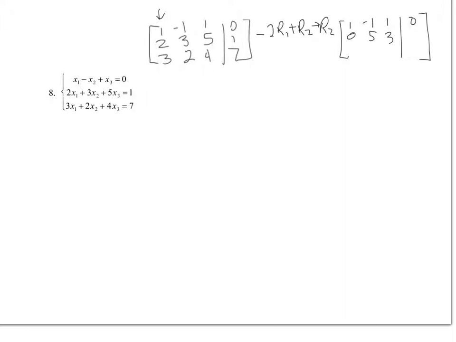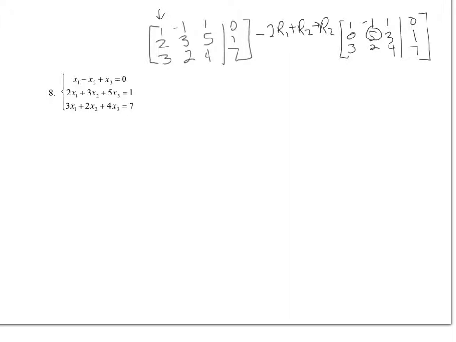And anything times 0 is 0, so 0 plus 1 is 1. Haven't done anything with my bottom row yet. So far so good.